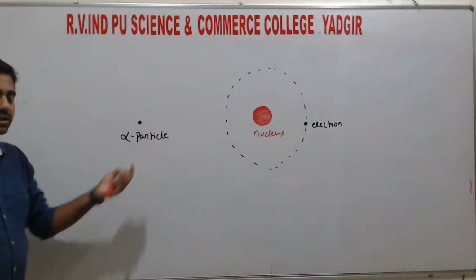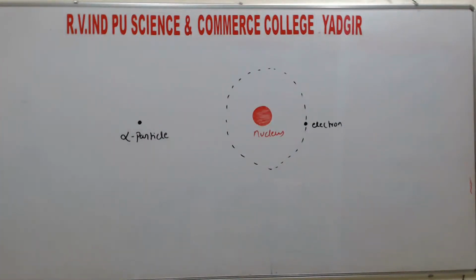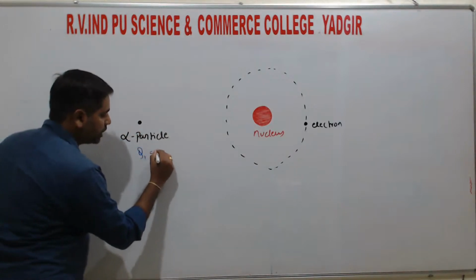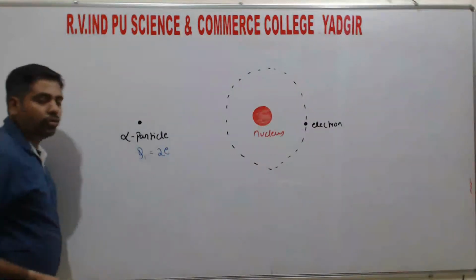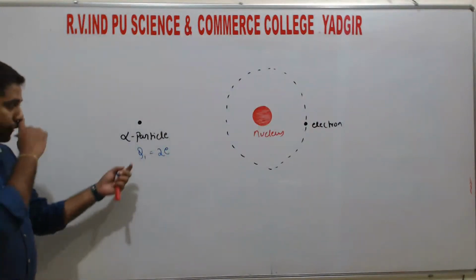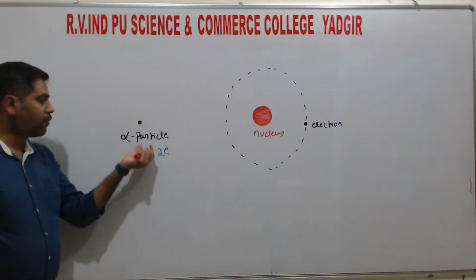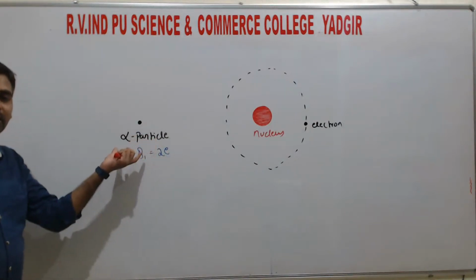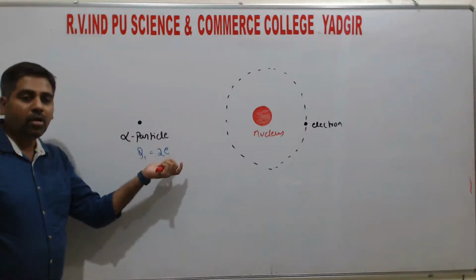Here, the charge of the alpha particle we can take as Q1, which equals 2E. Q1 is the charge of the alpha particle, which is 2 times E, since an alpha particle is nothing but the nucleus of the helium atom.